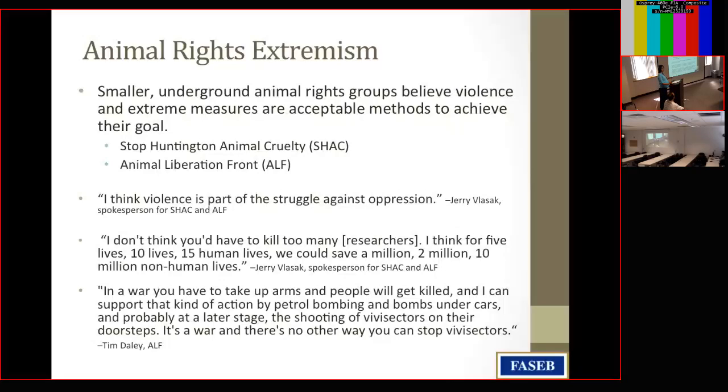And their spokespersons have stated that they consider violence, including murder, to be necessary and justifiable. Luckily, in 2006, the Animal Enterprise Terrorism Act was passed, which expanded protection for academic and commercial institutions that use and sell animals, and increased the existing penalties against animal rights extremist groups. And it has led to the successful conviction and imprisonment of several individuals who are targeting researchers.